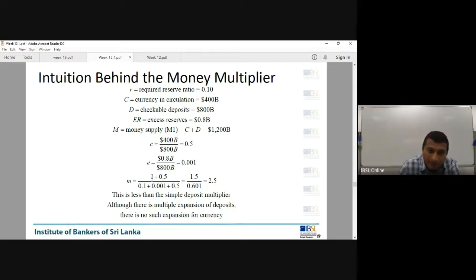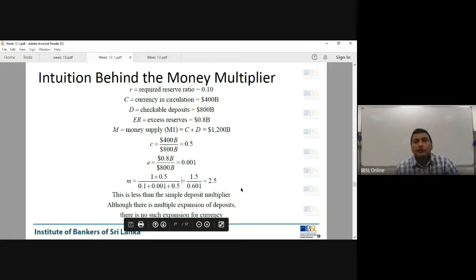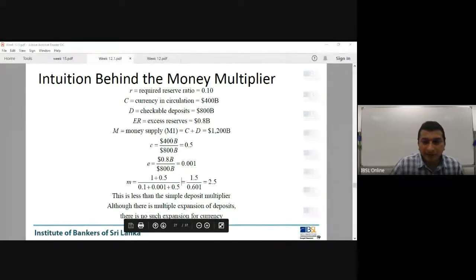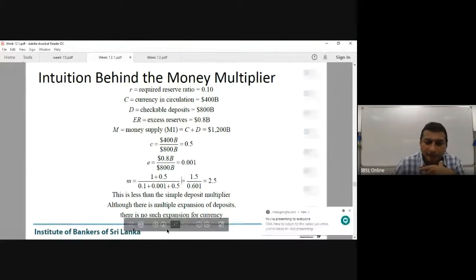So the increase in the denominator would make the multiplier look bigger, but because small c is also in the numerator, it pulls down the weight. So it reduces the ability of further expansion of the money supply. So you see this in the equation.